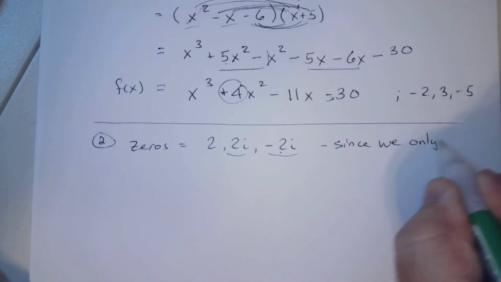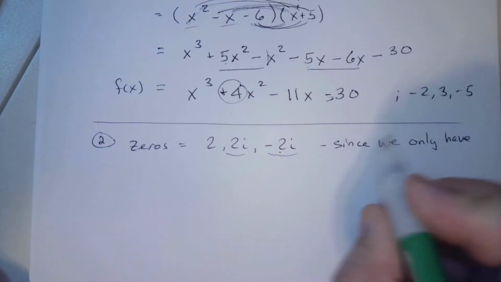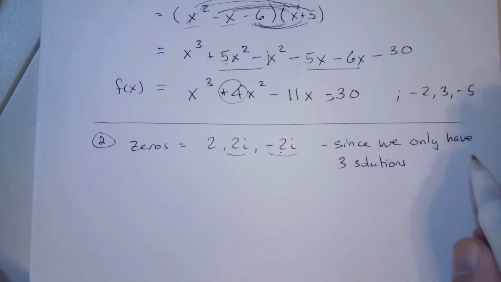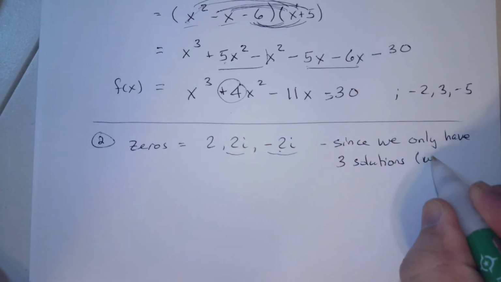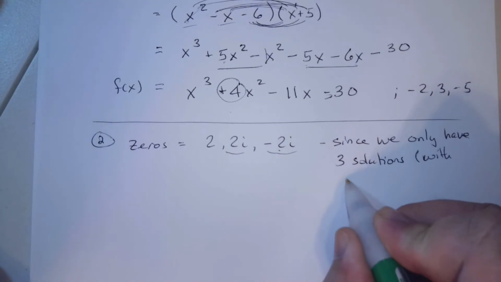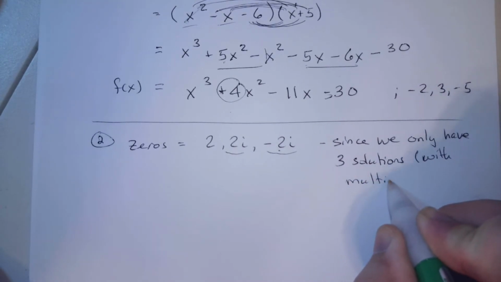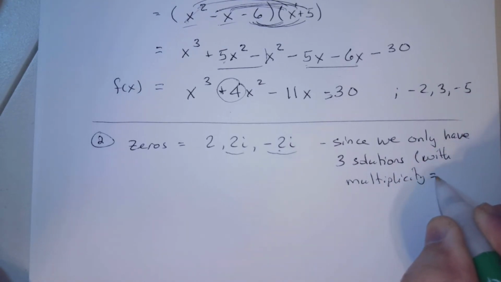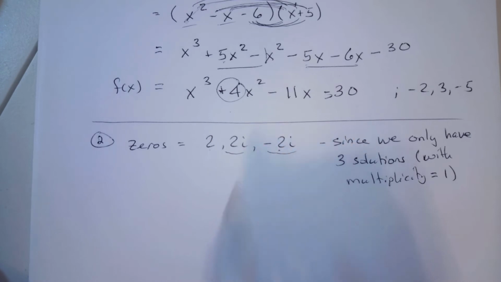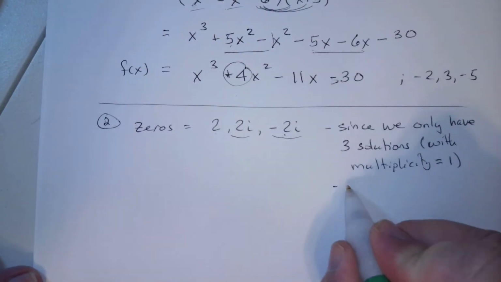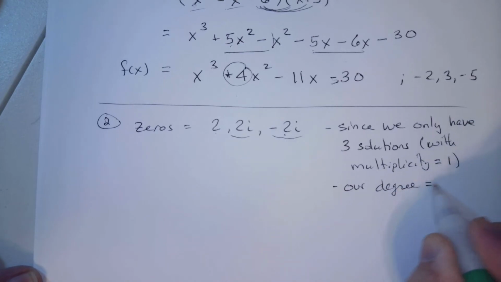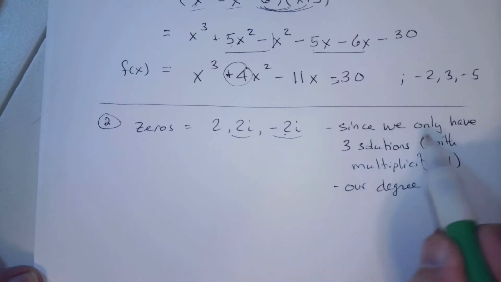Since we only have 3 solutions, with multiplicity equal to 1, in which each of these only happen one time, our degree equals 3. Remember, the degree is the number of solutions.